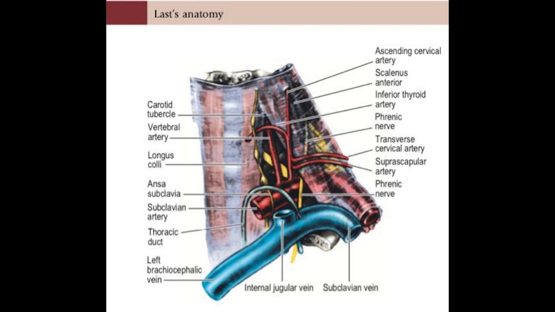Here we have to mention the ansa subclavia, the right recurrent laryngeal nerve, and also the vertebral vein. The ansa subclavia is a connecting loop between the middle and inferior cervical ganglia, which passes in front of the first part of the subclavian artery.